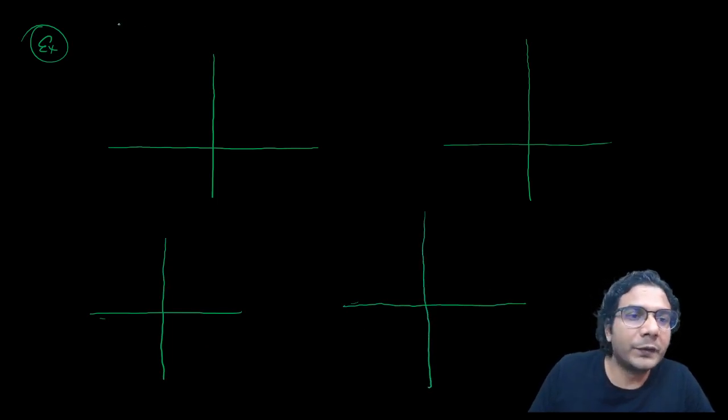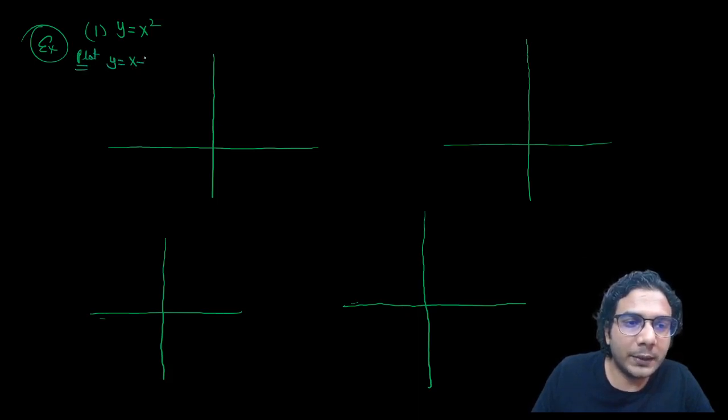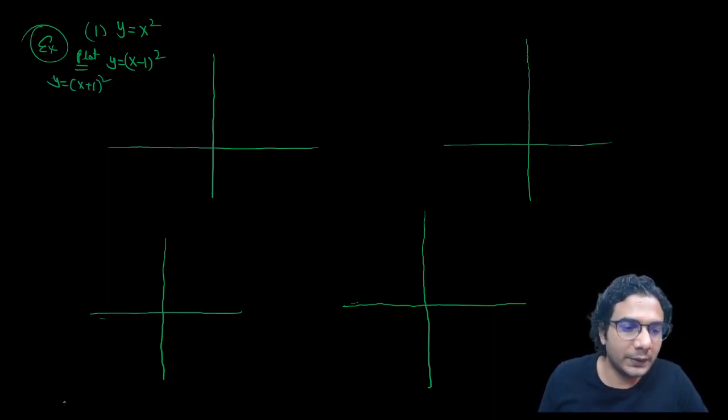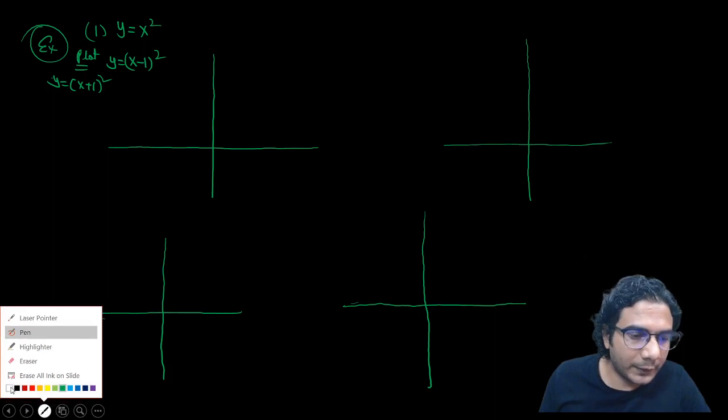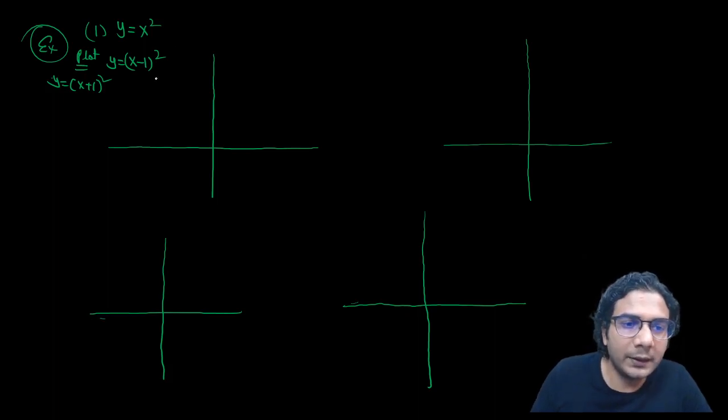Here y is equal to x square. This is our base graph, and we need to plot y is equal to x minus 1 whole square, and also second, y is equal to x plus 1 whole square. Two transformations. So first let me plot the base graph. This is y is equal to x square, you all know that.